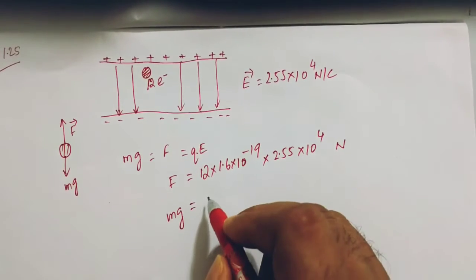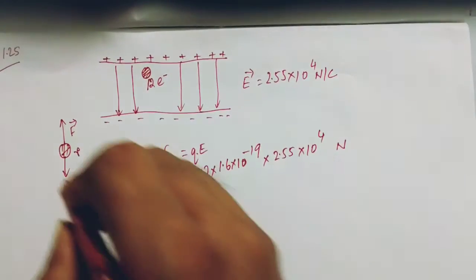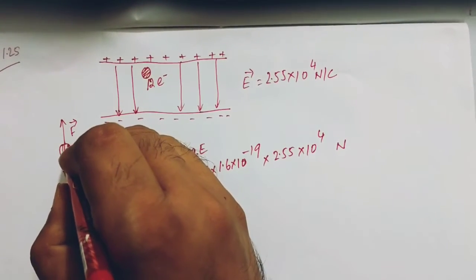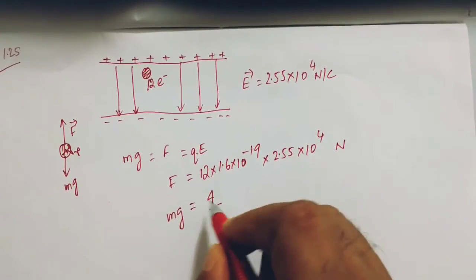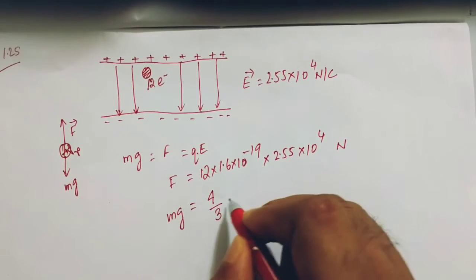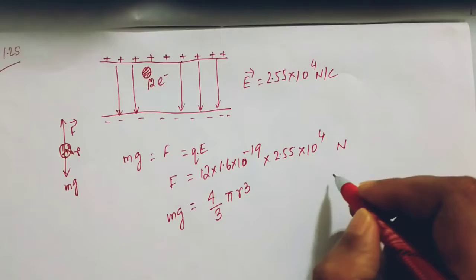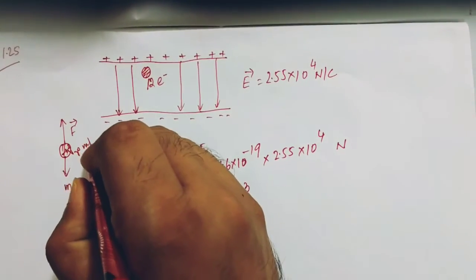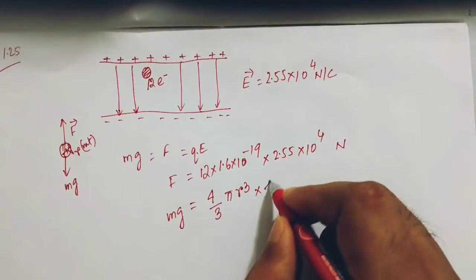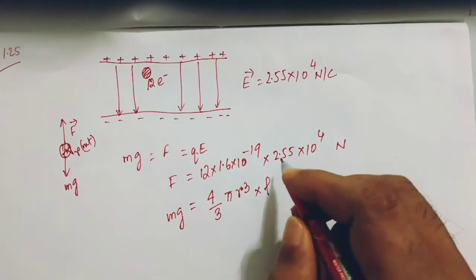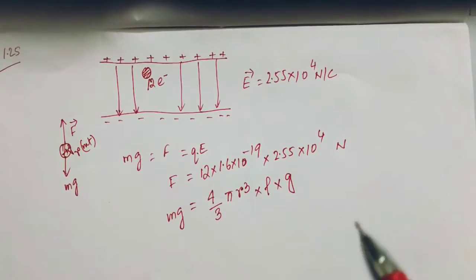Here suppose the radius of the drop is r. The oil drop is spherical, so 4/3 pi r cube will be the volume, where r is taken in meters in SI unit, and then the density of oil, rho, and the gravitational constant, g.